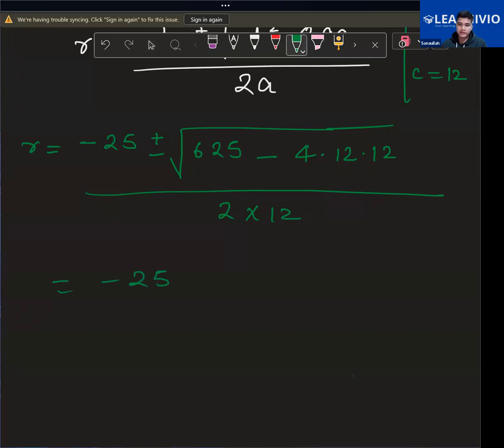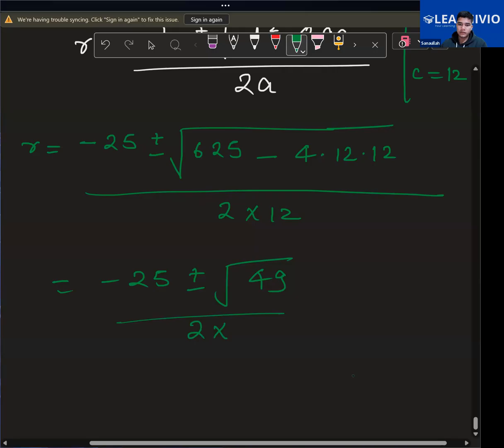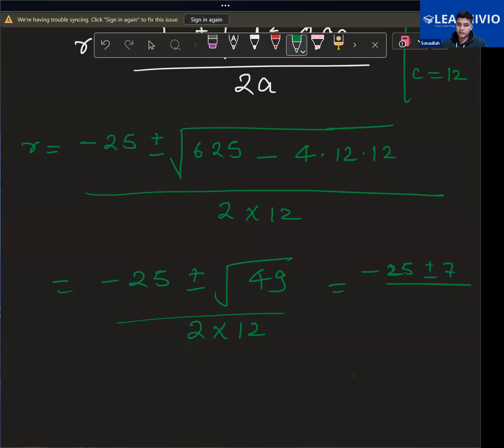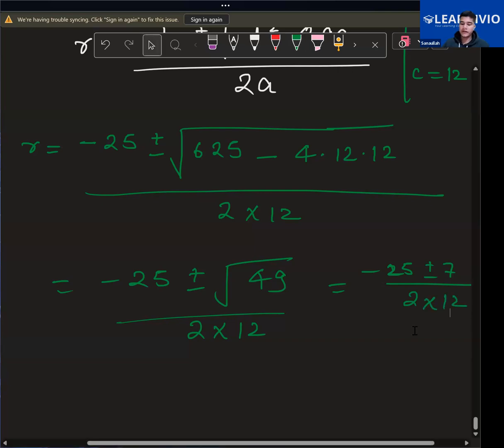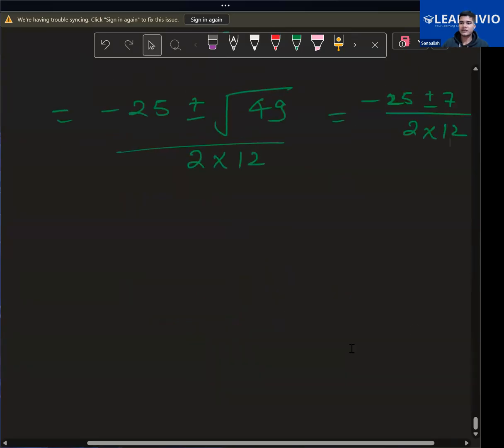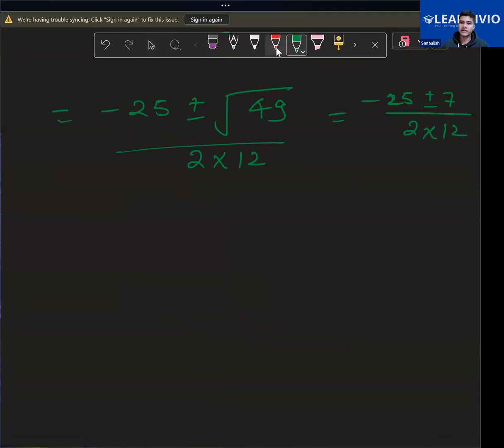So I'm getting minus 25 plus minus under the root 49 over 2 times 12. So what is under root of 49? 7. Plus or minus 7. And we have 2 times 12 in the denominator. We can write 24, but eventually we have to cut the numerator and denominator.